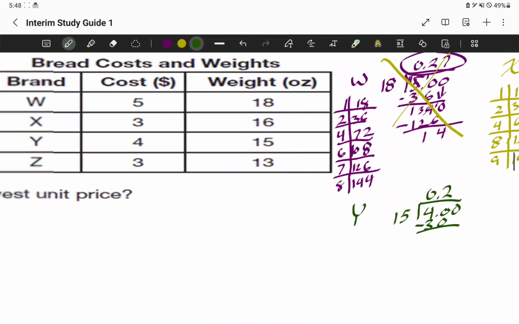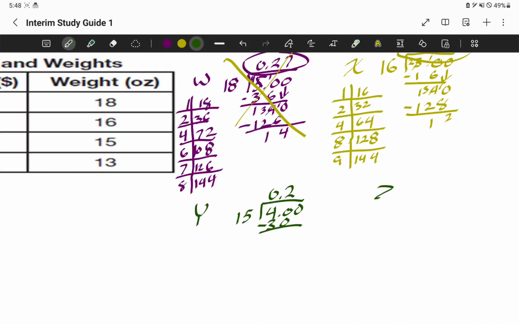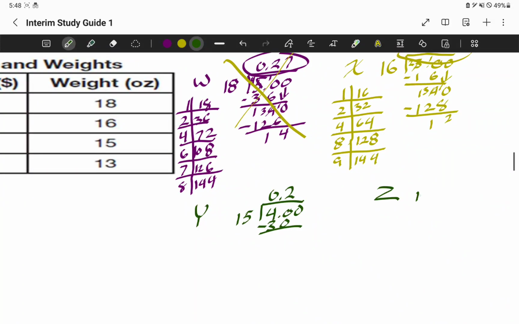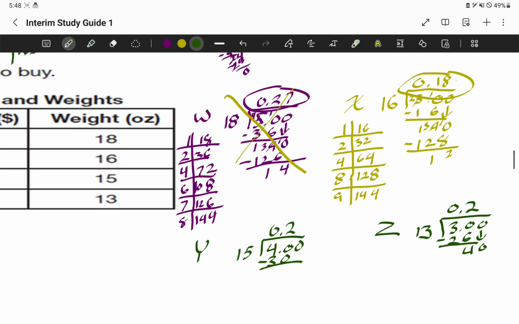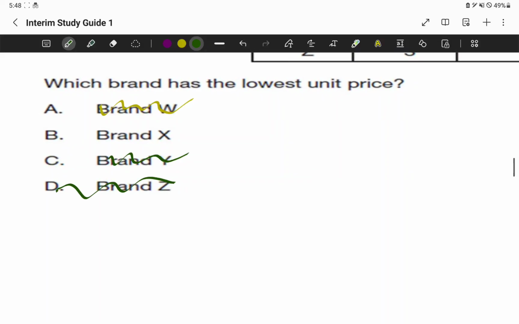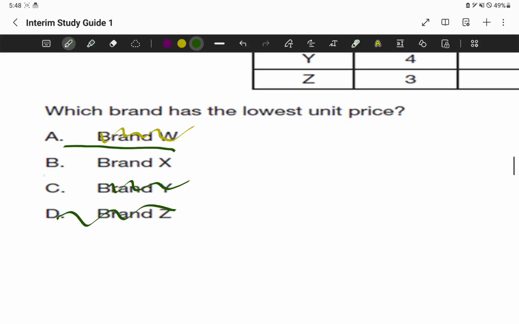So now let's check brand Z. And so 13 into 3. Well, 13 goes into 30 2 times. Well, again, that's 0.2. That's more than 0.18. So brand Z, goodbye. Our answer is brand X.